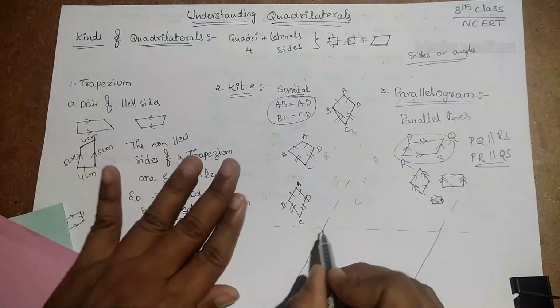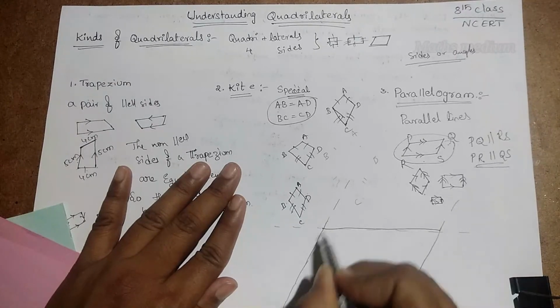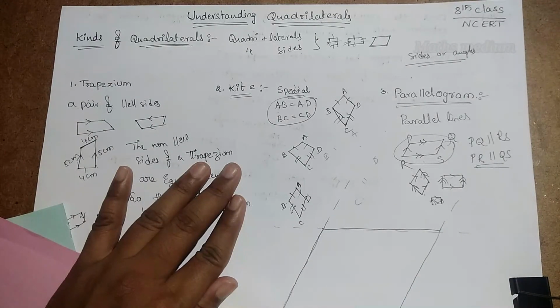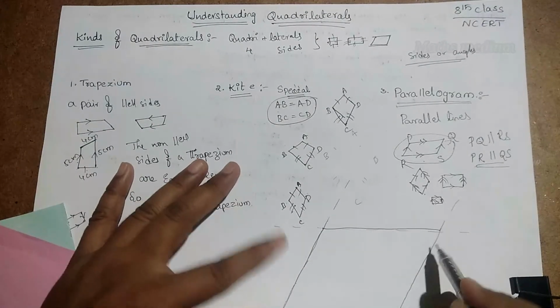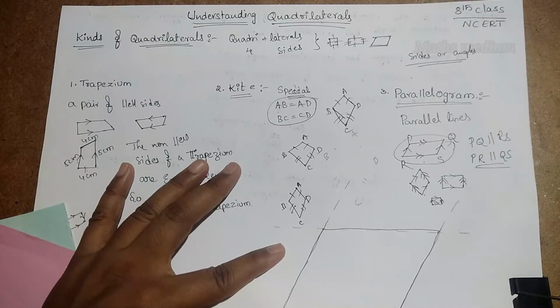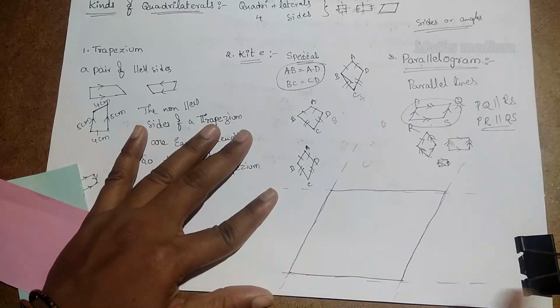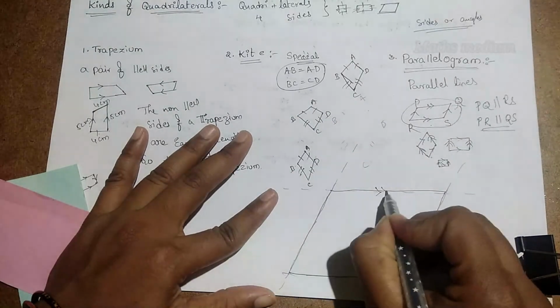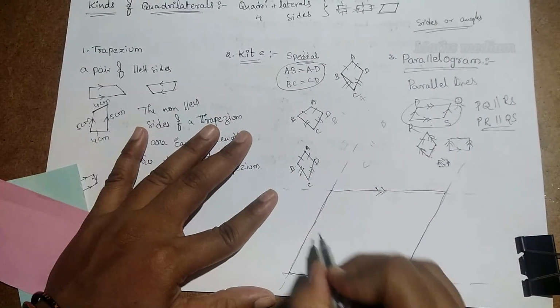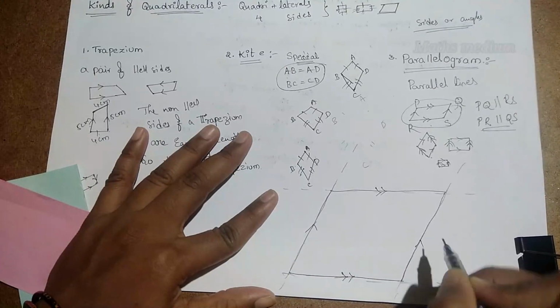If you highlight the borders where they are touching together, we get a parallelogram here by observing this. See here, these two sides are parallel and this side is also parallel.